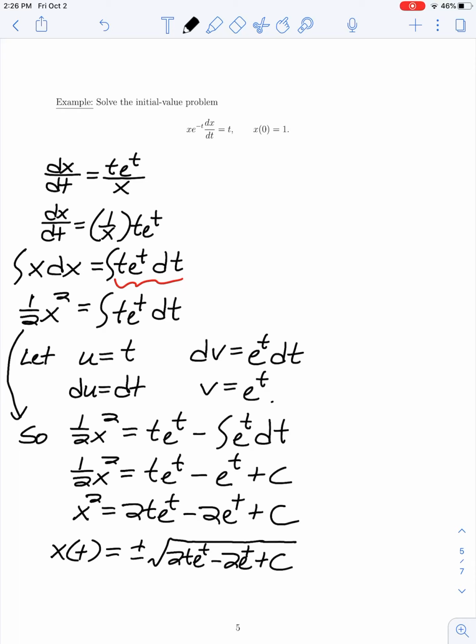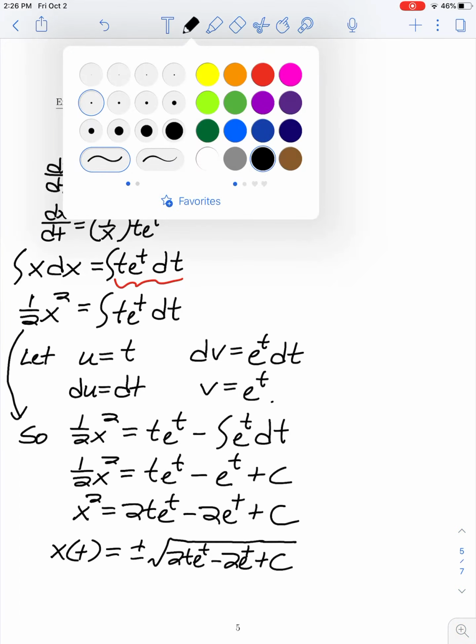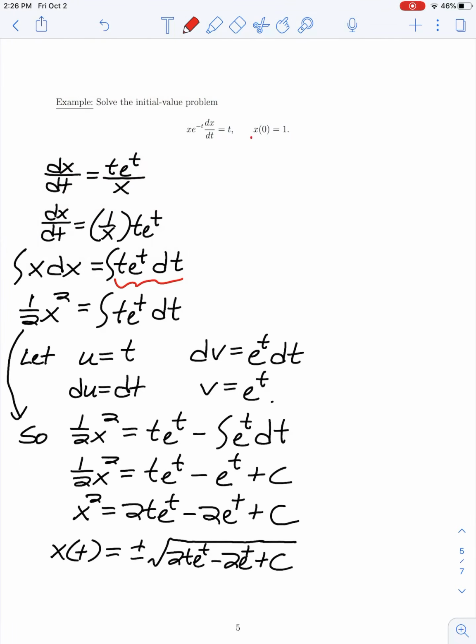Now we might ask the question, okay, we have x could be the positive or negative square root of this function. So which one do we want for this problem? Do we want a positive square root or a negative square root? And to answer that question, we could look at the initial condition. So when t is equal to 0, I'm going to need the value of x to be a positive 1, which means that I do not want the negative square root here.